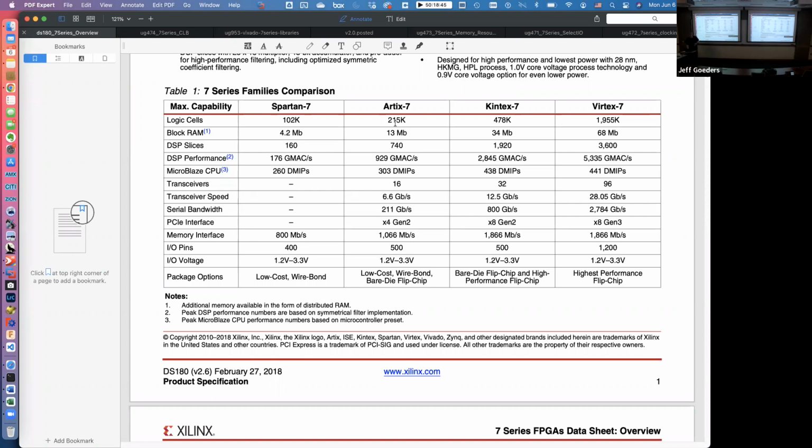So here we go. A logic cell is kind of like a logic element. However, back in the day, they calculated it using a 4-input LUT and a flip-flop. Well, they now have twice as many flip-flops as LUTs, and the LUTs are 6-input. So it's hard to know what that 215,000 means.